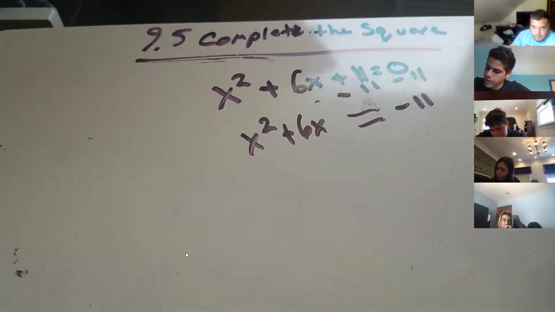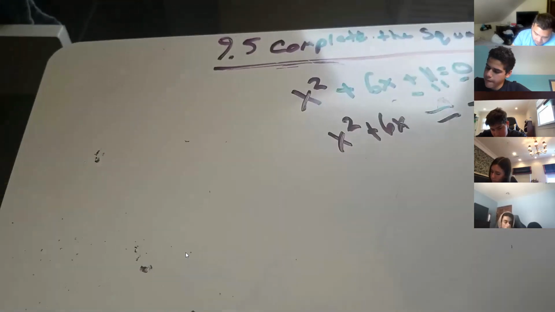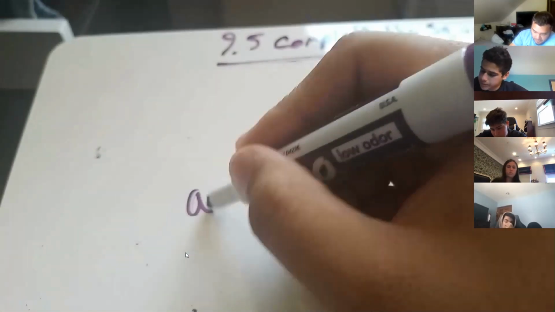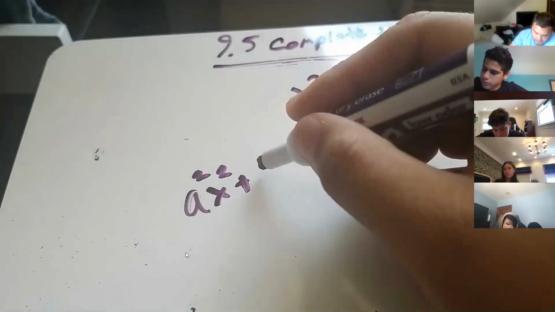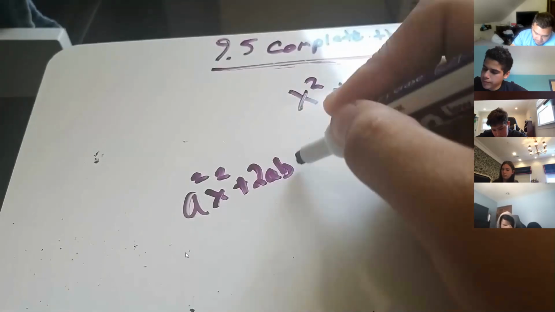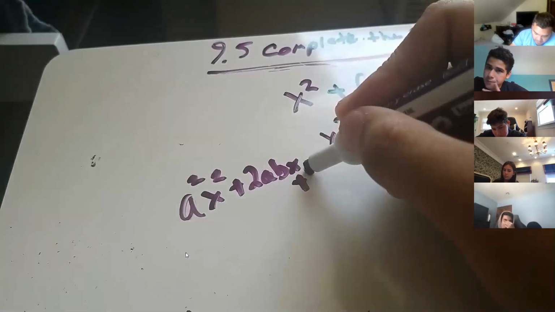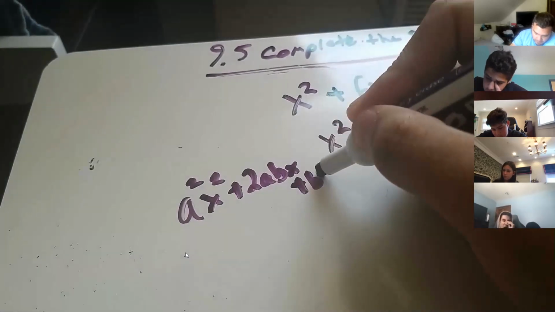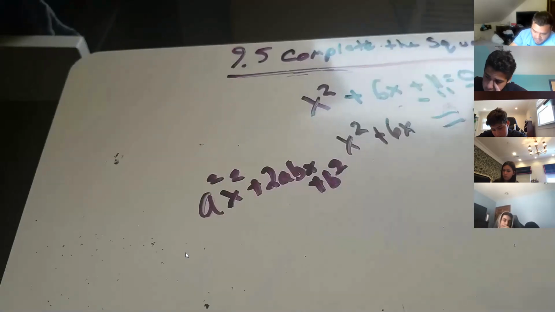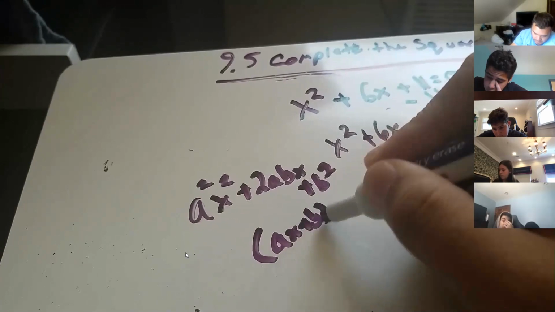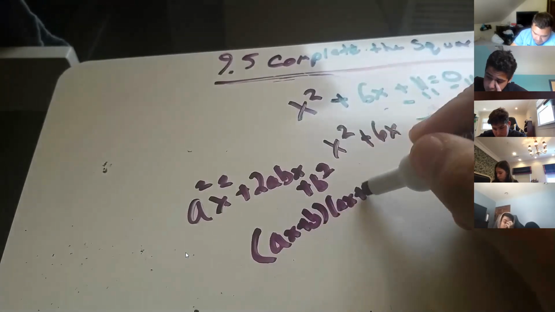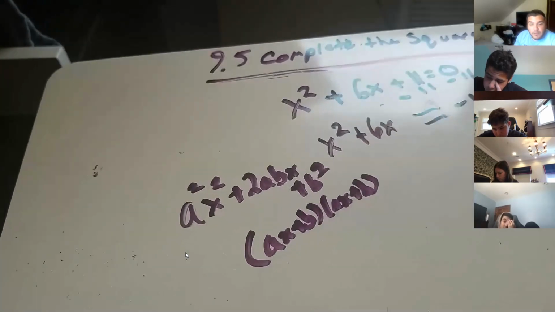Now, from the example from before, we know a squared, and maybe I'll write it like this, ax squared plus 2abx plus b squared can become ax plus b, ax plus b. Okay?